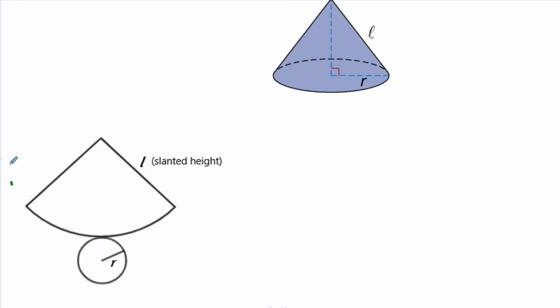Okay, have you thought about that? So here is a bigger circle. Accidentally I erased it. So you can see that this is a sector of a bigger circle. And the area of the base of the cone is pi r squared because the radius of this small circle is r. Right? We got that.